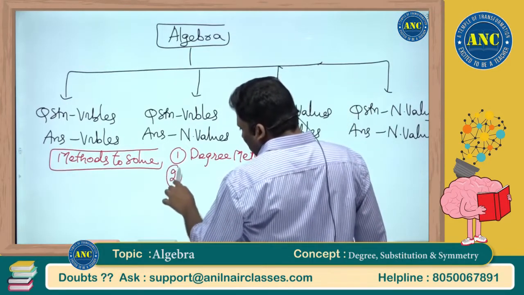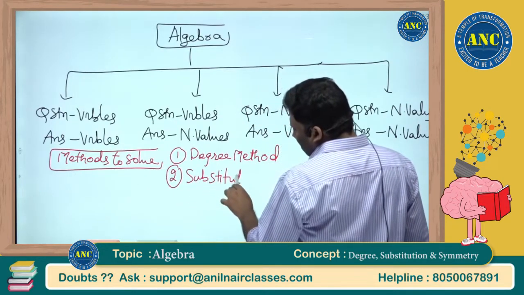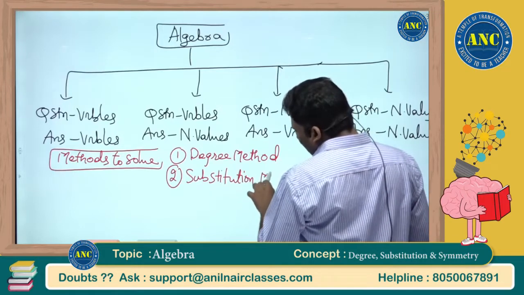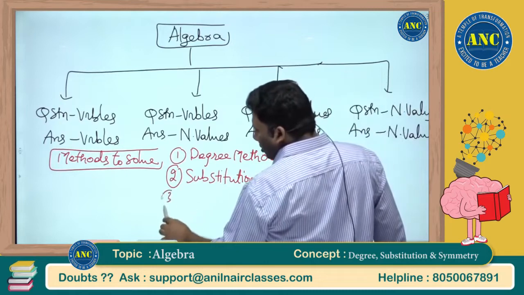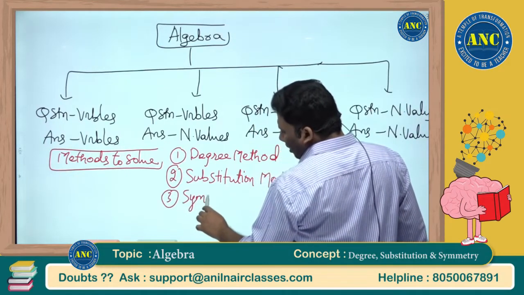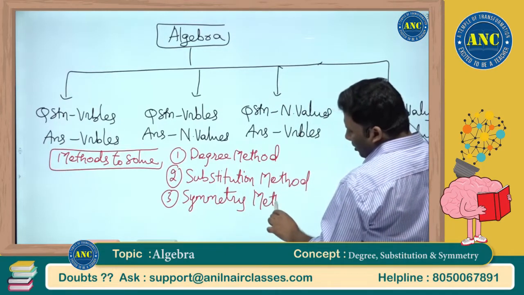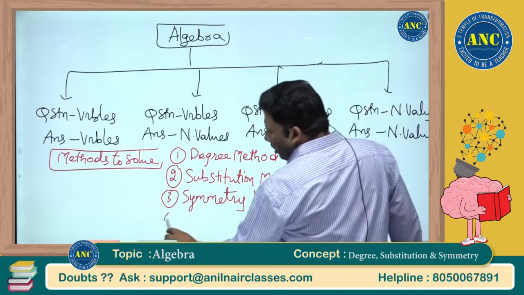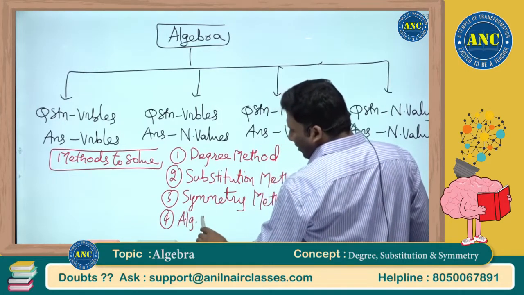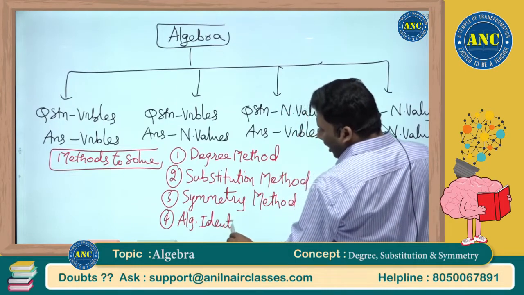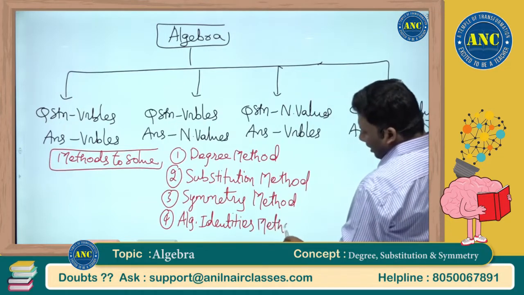Next one is the substitution method. Third one is the symmetry method. Fourth one is the algebraic identity method.